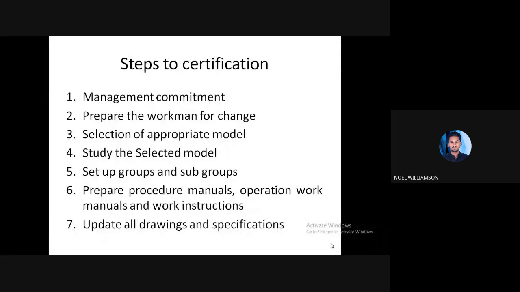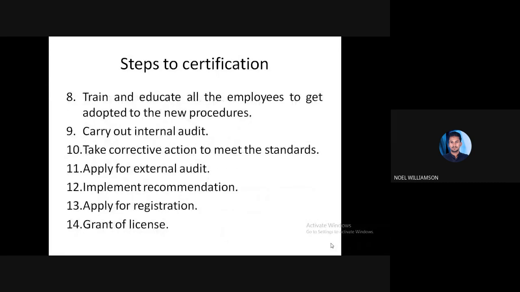And next step, train and educate all the employees to get adopted to the new procedures. So by using the procedure manual, operation manual, work instructions, everything, we update the pre-existing drawings and specifications.